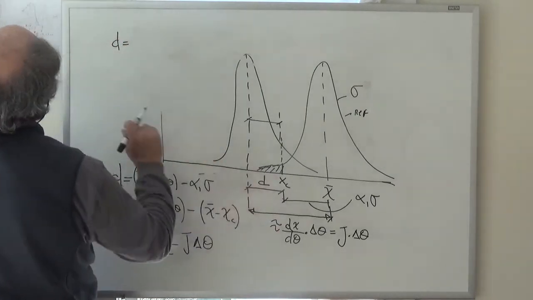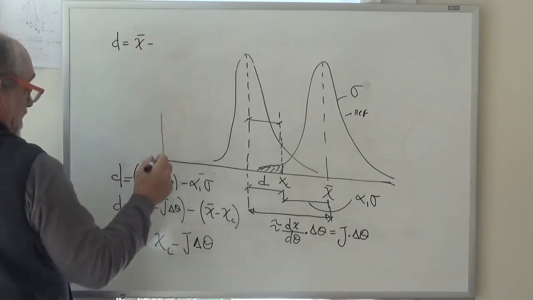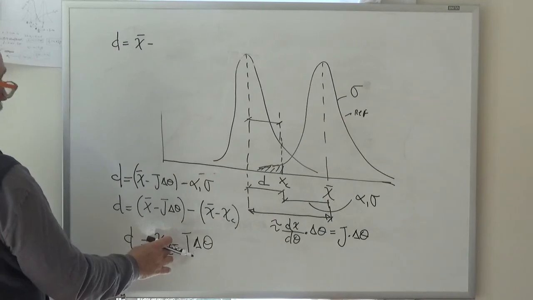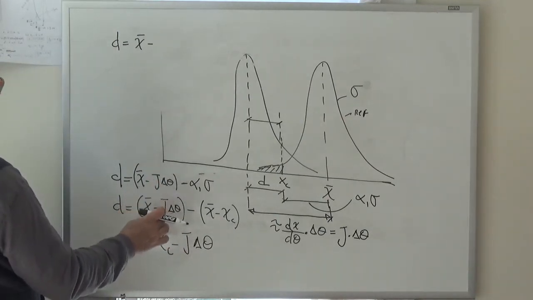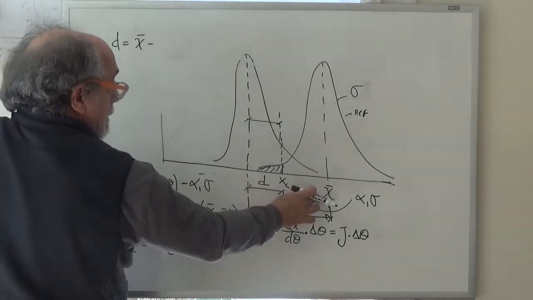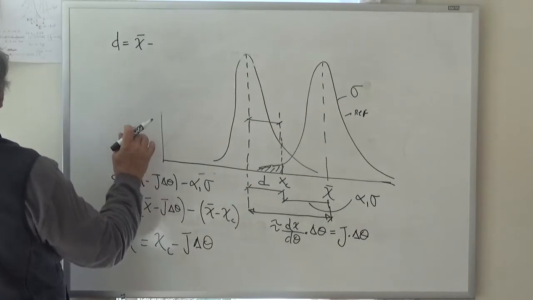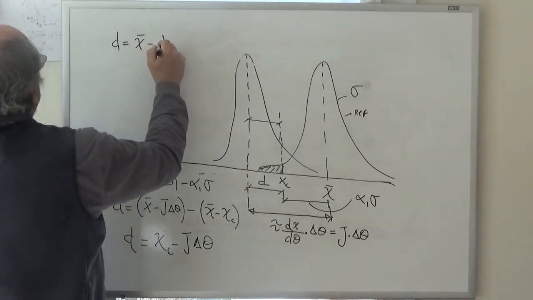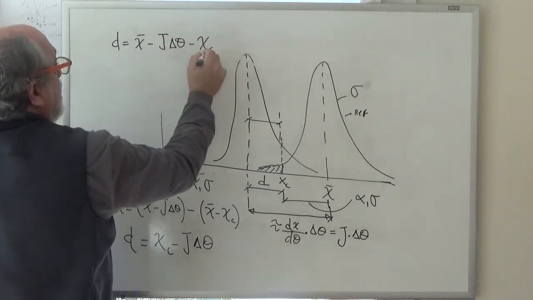Maybe I repeated something. But this D, right, is equal to x bar minus j delta theta minus xc.